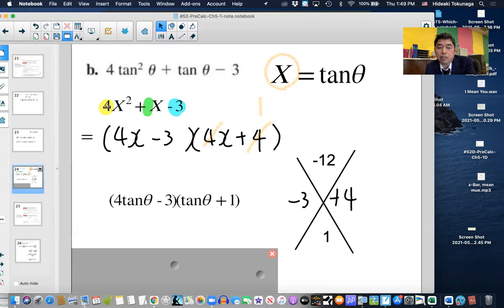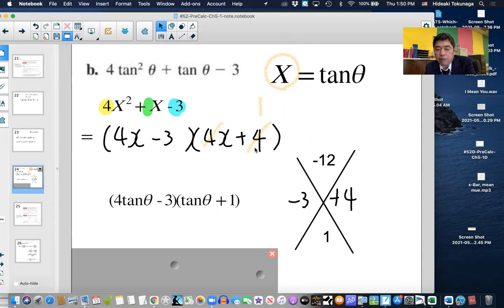The leading coefficient is 4, the coefficient here is 1, and the constant is -3. So if you do the X factors, 4 times -3 is -12, and the coefficient is 1. What two numbers multiply to -12 and add to +1? The choice is -3 and +4.